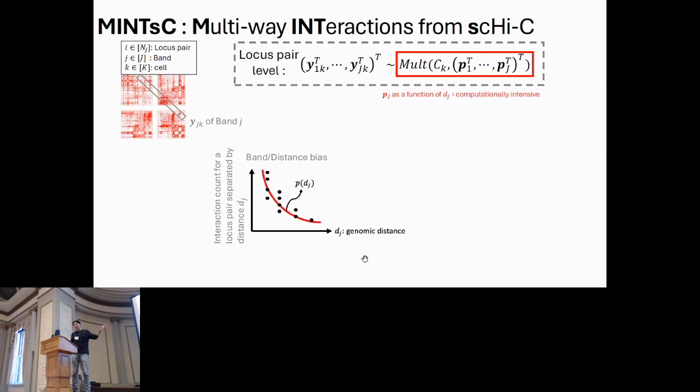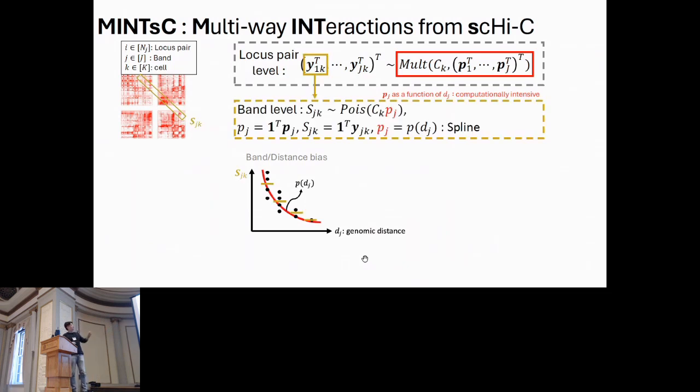But the thing is, if you try to fit a GLM model on this raw data at the locus pair level at single cell level, and imagine doing a 10 base pair binning, then it's going to be several millions of data points, which is going to be very slow. Then maybe we can use a trick that we know from probability courses. First of all, we denote this one off-diagonal as one band, a set of locus pairs that have the same genomic distance.